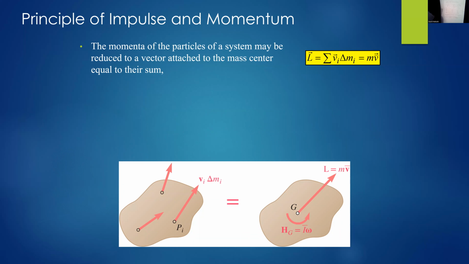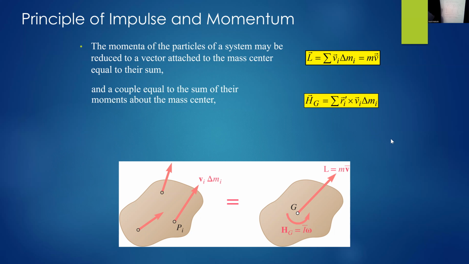In the right picture, earlier it would say F equals ma, and the difference now is we have L equals mv, the momentum of the center of gravity. That's also coupled with the angular momentum about the center of gravity, so I omega.